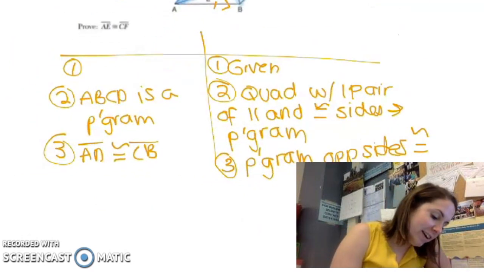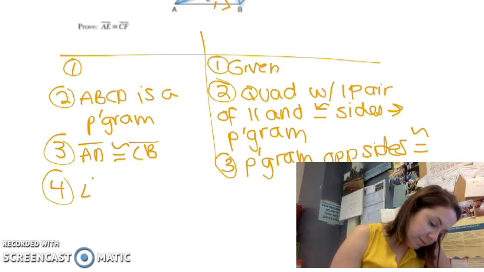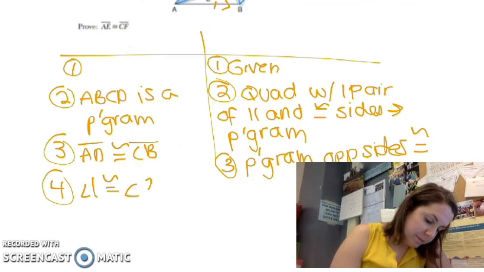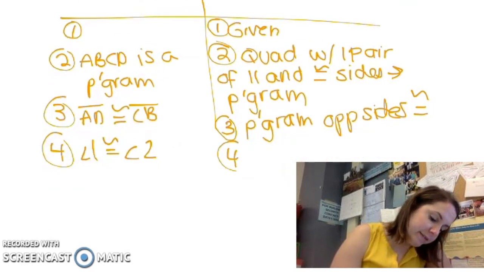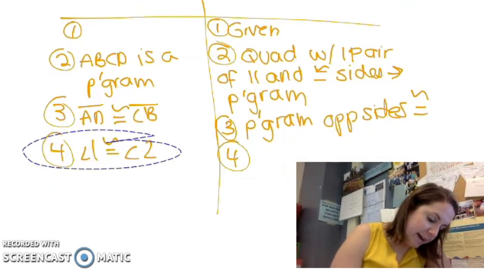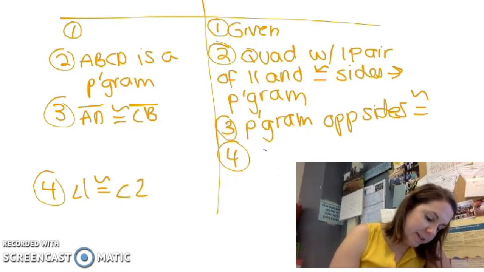All right, angle 1 here would have to be congruent to angle 2 there. Because, and actually I need to move this down a step. First I need to say that means my lines are parallel. So this would be 5.